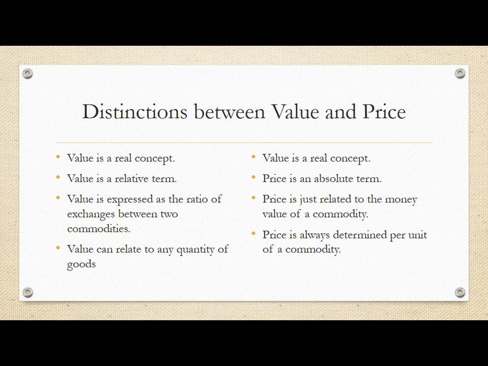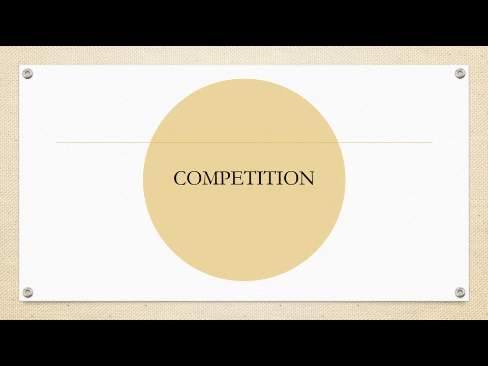Thus, there can be a general fall or rise in prices because price is an absolute term expressed in money. Economists, however, refer to the value theory as the price theory, as price is the monetary equivalence of the exchange value of a commodity. Next concept we will learn is competition.